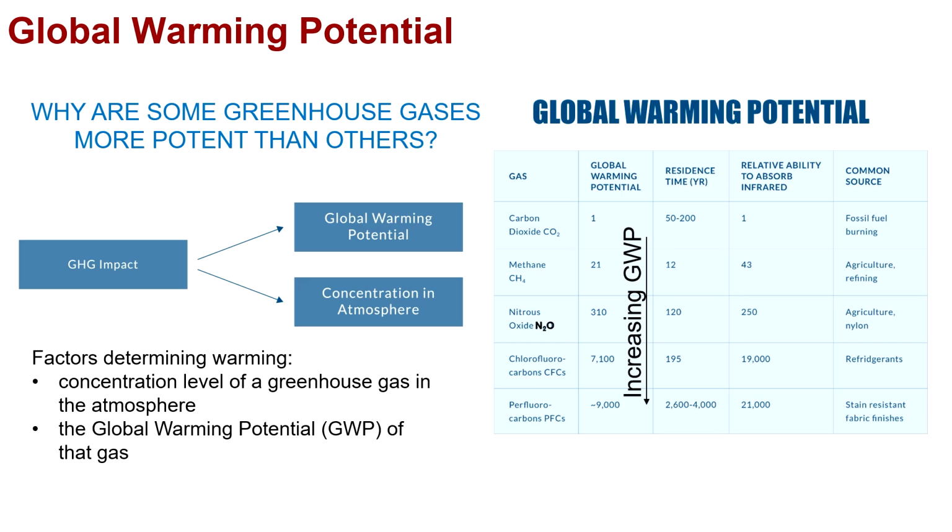So, if carbon dioxide has a global warming potential of 1, methane has a global warming potential of 21, it is 21 times higher. If you look at nitrous oxide, CFCs, PFCs, they have even higher global warming potential, and they have different residence times. CH4 residence time is lower as compared to carbon dioxide, but it is still 12 years.